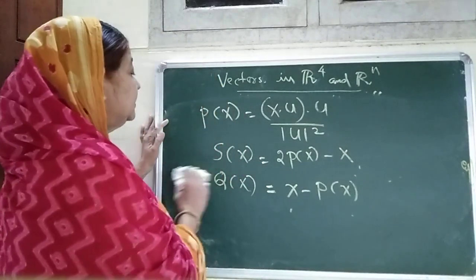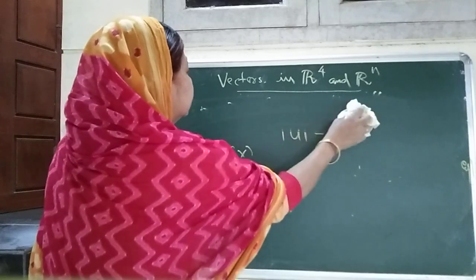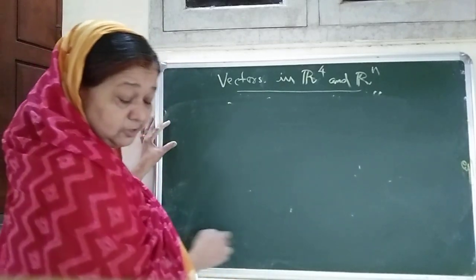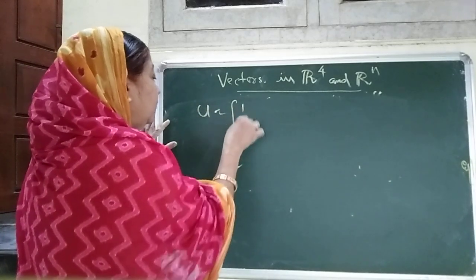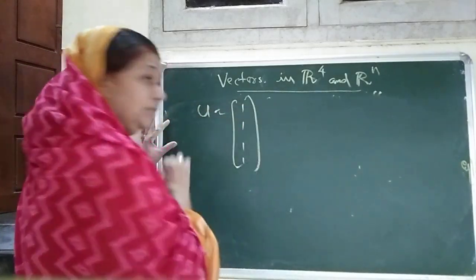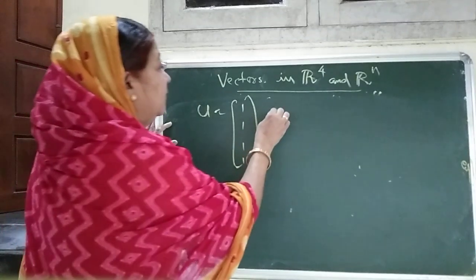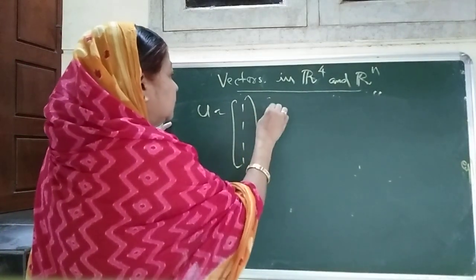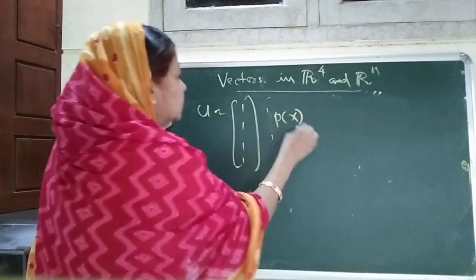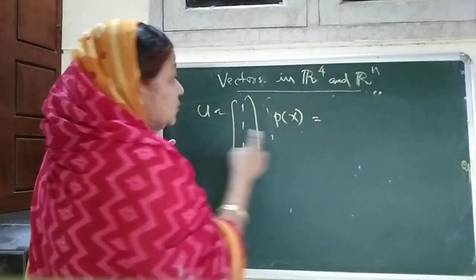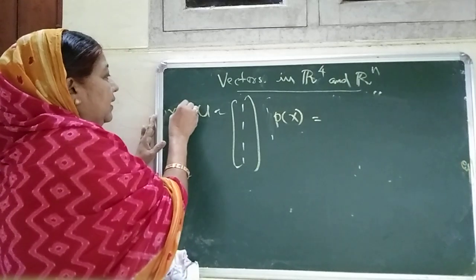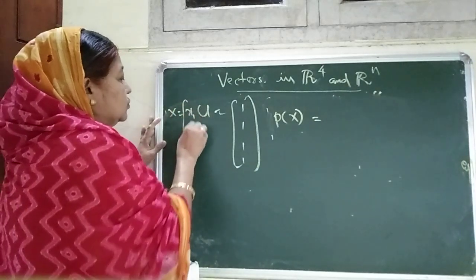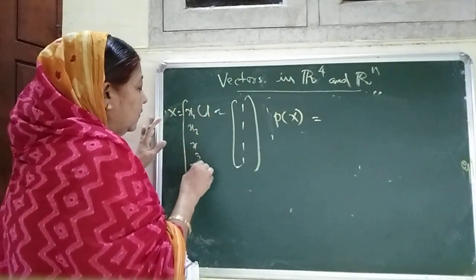So we can easily find an example. We find the projection of x along u equal to, say, 1, 1, 1, 1. Then what is P of x? It is x dot u, where x equals x1, x2, x3, x4.